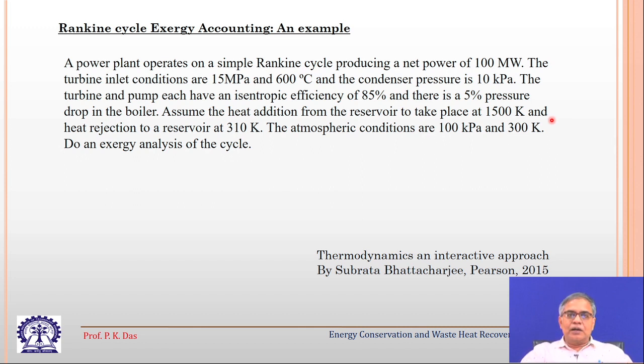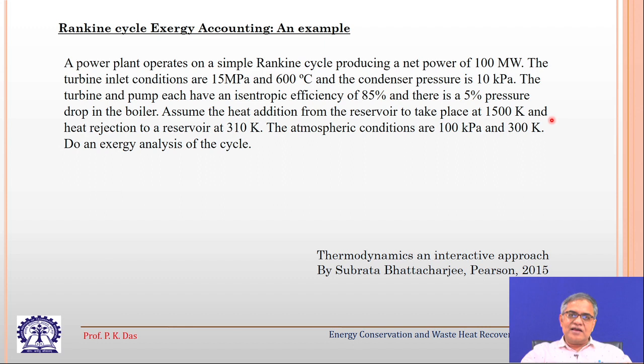We are doing it like this: there is some ideal high temperature reservoir which is replacing the actual process in the boiler, and it is transferring heat at a constant average temperature of 1500 Kelvin.